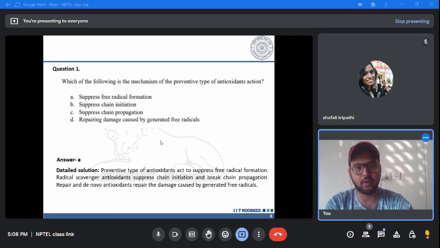The preventive type of action is the first step of the antioxidant mechanism. So the right answer for this question is suppress free radical formation. They try to suppress the free radical formation, and it helps to extend the shelf life of anything which tends to undergo oxidation.